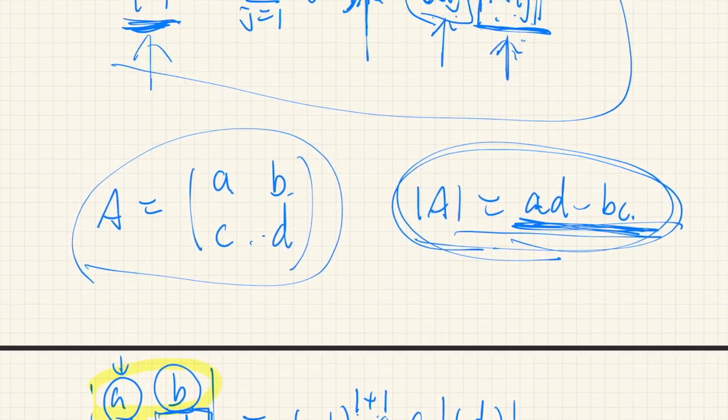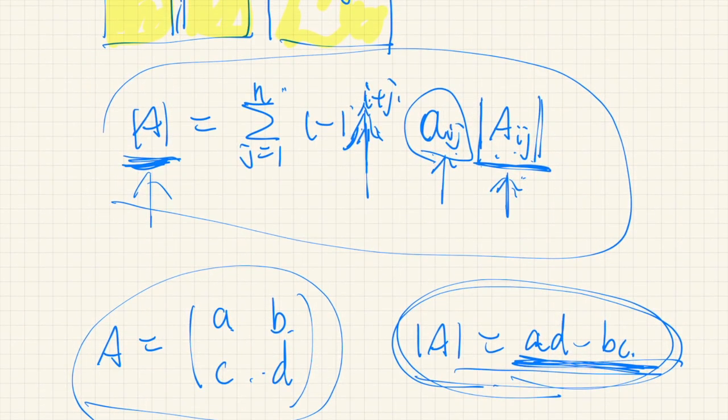Actually, this definition also applies if we swap the roles of the row and the column. Instead of summing over the column index, we can sum over the row index and fix some index of the column.